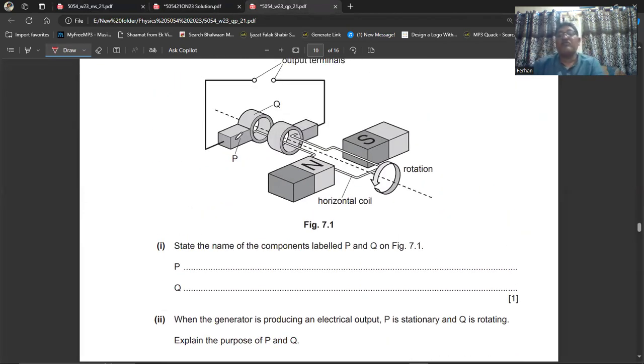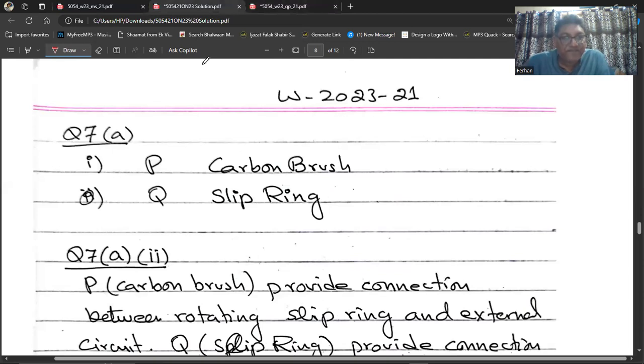This P, which is the carbon brush, is stationary, so it provides a connection between the rotating slip ring and the external circuit. The function of Q is that it is all the time connected to the coil, so it provides a connection between the carbon brush and the wires coming from the coil, and it makes sure those wires do not get twisted with each other when the coil rotates.